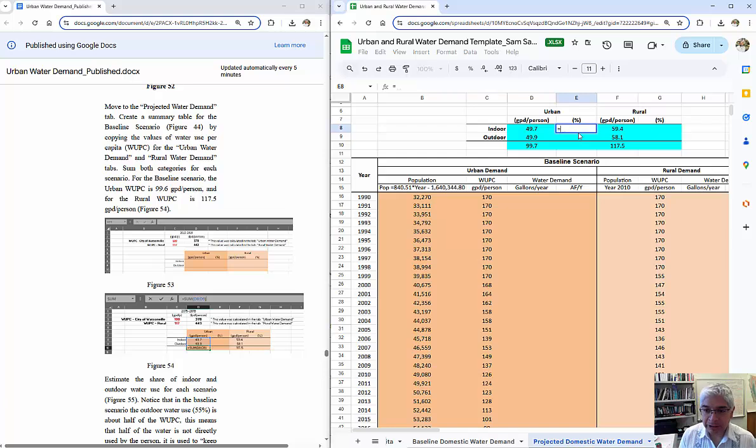There you go. We can also estimate this by the percentage by dividing this value, the indoor, over the total value. Remember to hit F4. And this one we want to have actually as percentage. Once again, we can borrow this format. Oh, sorry. There you go, percentage.